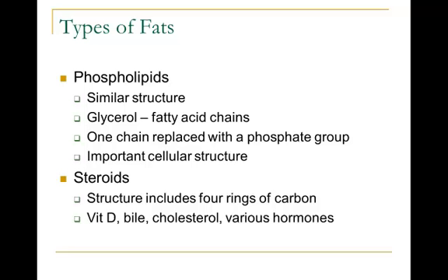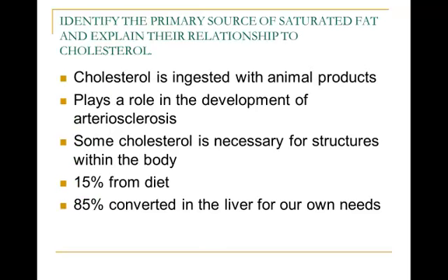These are very important. Your cell membrane is a double layer of phospholipids, and so it creates important cellular structure for our body. Steroids have a structure with 4 rings of carbon atoms, and examples include vitamin D, bile, cholesterol, and various hormones inside of our body that we use.